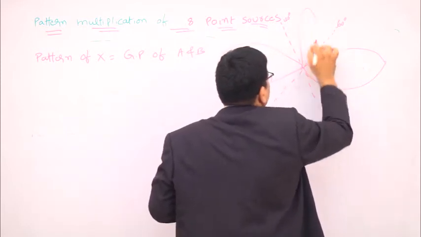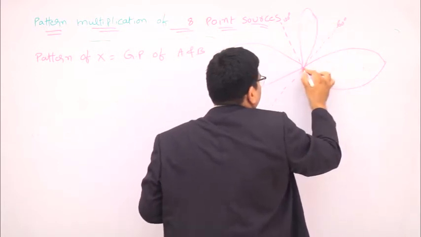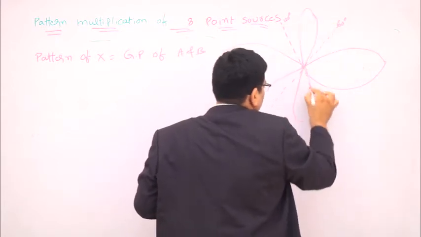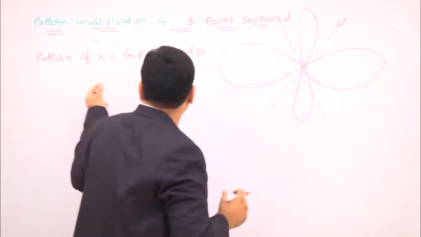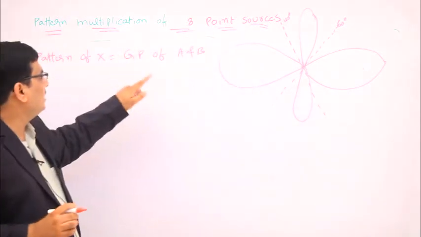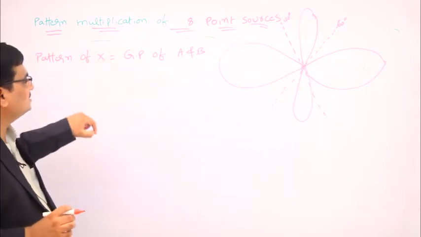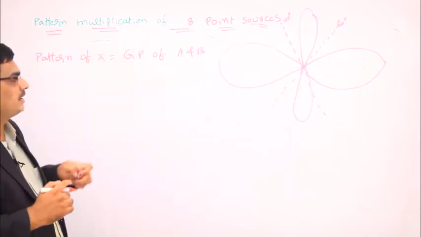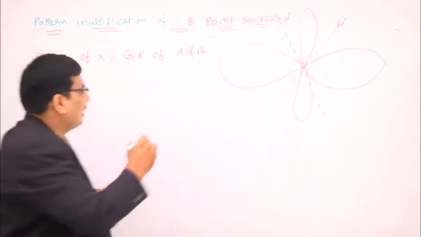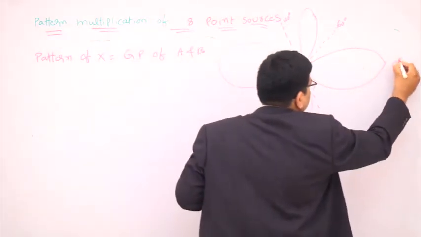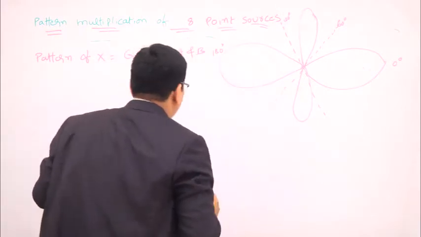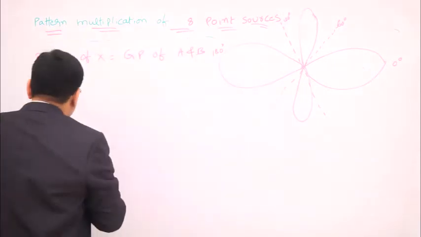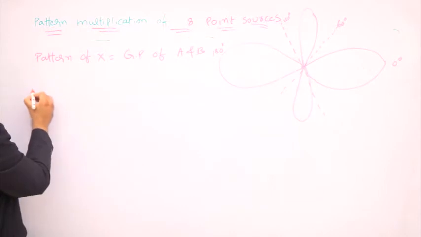So this is the group pattern of A and B, which is separated by a distance lambda, with maxima at 0 degrees and 180 degrees. Now what we have to do is derive our resultant pattern.